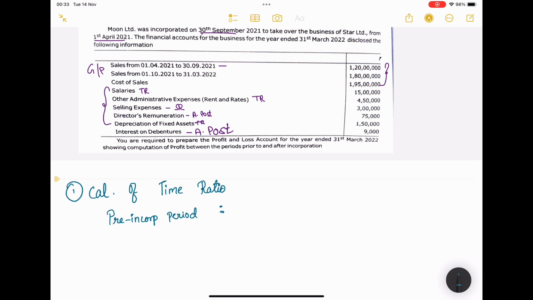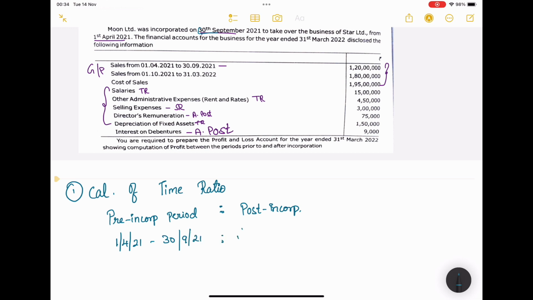So pre-incorporation, as usual, the books of account start from 1st April 21 and the company was incorporated on 30th September 21.